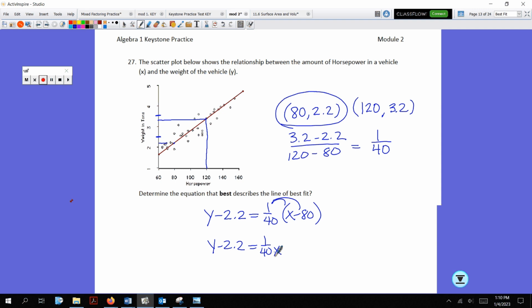Oh, it's negative 2. Please forgive me, negative 2. Okay, so then I add 2.2 to it, and I have y equals 1/40x plus 0.6. Oh, it's the first time I didn't get a negative slope, which, I mean, still, look at this line. It's in between 1 and 2.